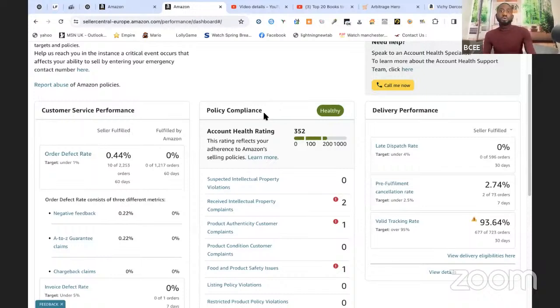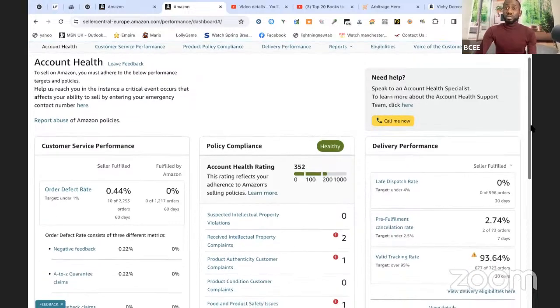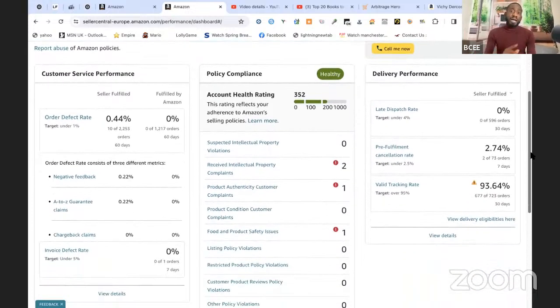The second one is policy compliance. For policy compliance, this is the reason why you should do FBA, fulfilled by Amazon, because if you don't, this can come to you. Look at it. This one says received intellectual property complaints.